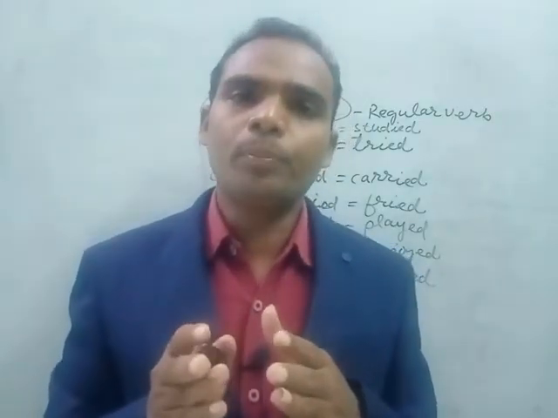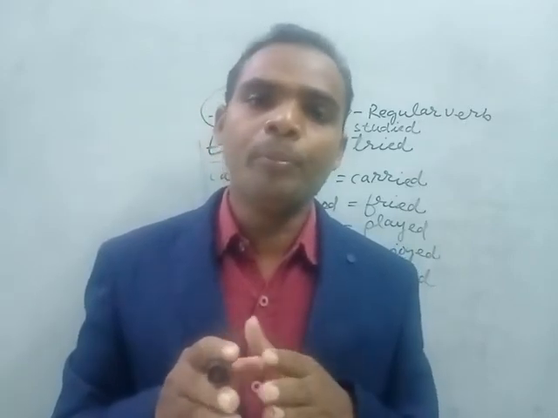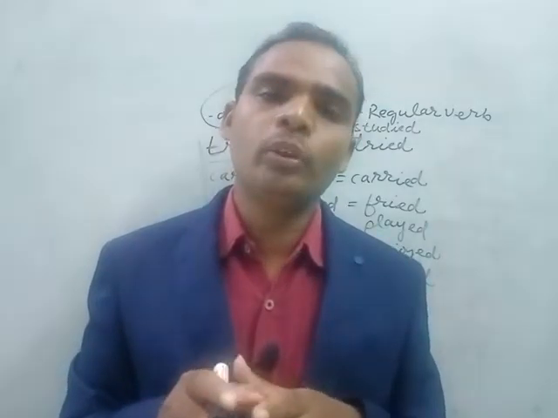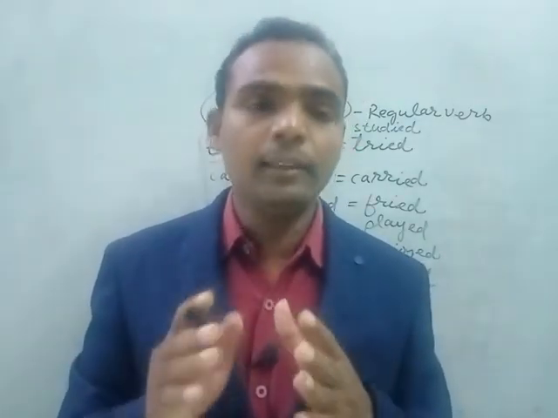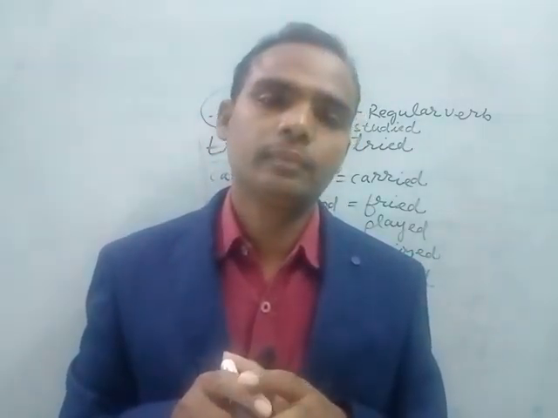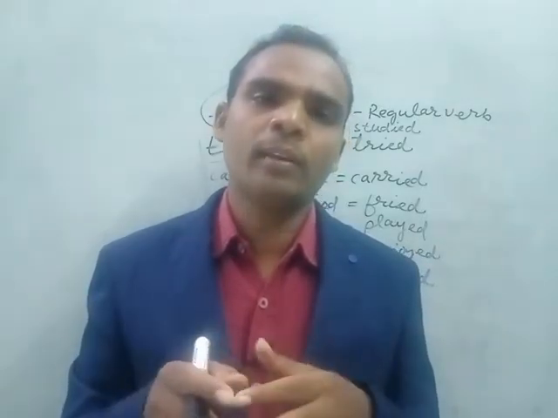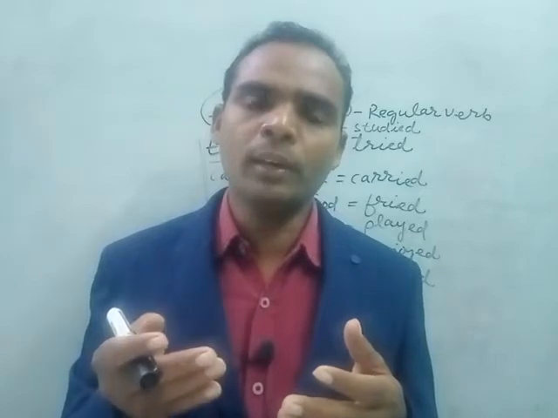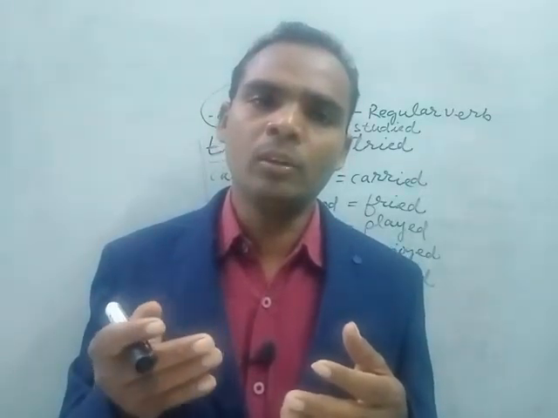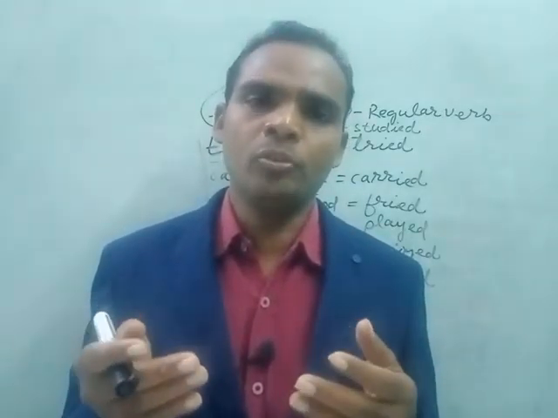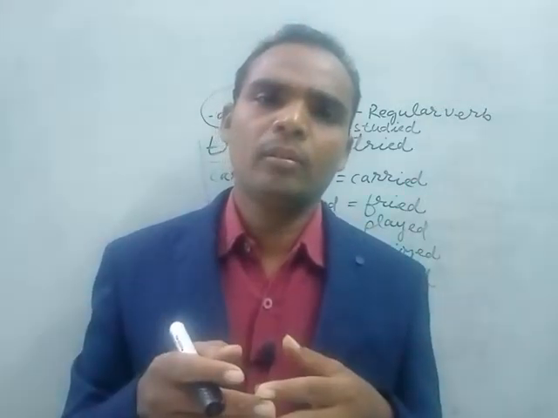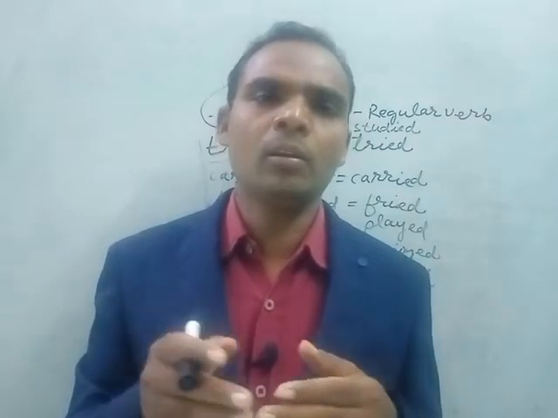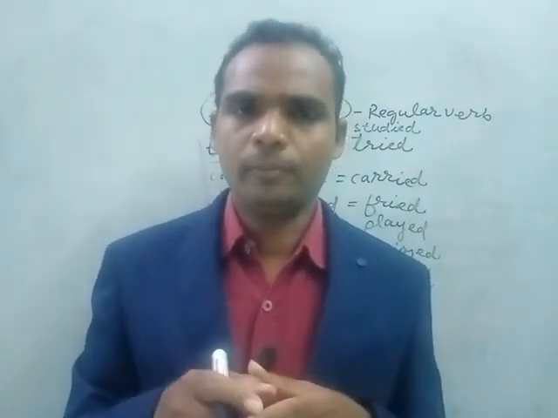One thing you have to remember, if before Y is a vowel, we add ed. Like enjoy, obey, play. Before Y in the words enjoy, play, obey, it is the vowel.